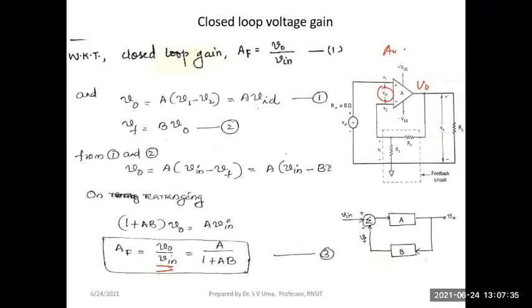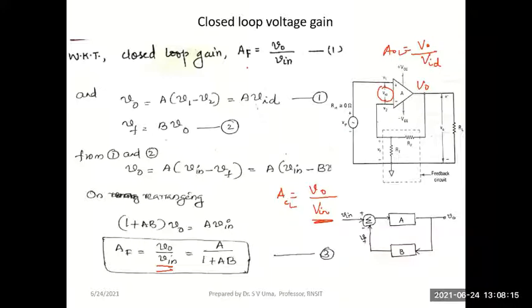Therefore, the open loop gain is V0 by VID, and the closed loop voltage gain is V0, the final output signal, divided by the input signal which we are going to apply, that is Vin. Okay. AF is V0 by Vin. This is closed loop voltage gain. Open loop voltage gain is V0 by VID. VID is the input at the base of the amplifier. Okay.